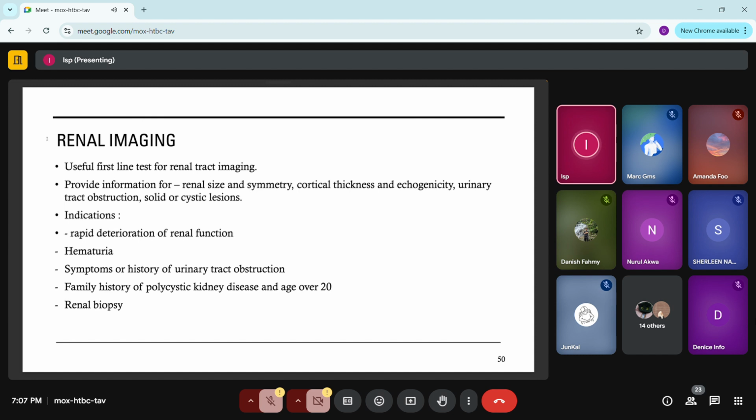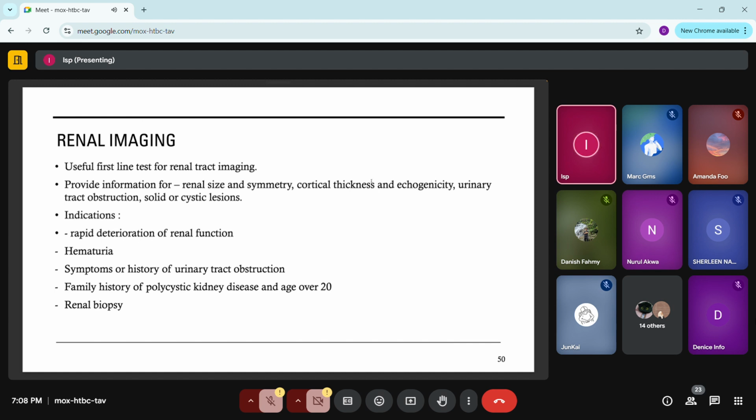Usually what are we interested in renal imaging in chronic disease patient? We want to know about the size. Renal size gives us an idea whether the problem is acute or chronic. In chronic kidney disease patient, the renal size will be shrunken. Normal kidney size is 9 to 12 centimeter. When the patient has a prolonged kidney disease, usually their size is smaller, most of the time less than 9 centimeter.